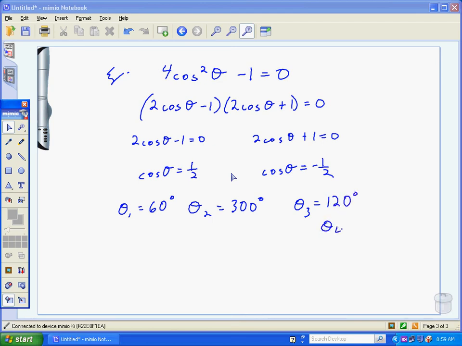And theta 4, what'd you say, D? 240 degrees? So we ended up using all the cos squared half or negative a half values, right? So we got 4 solutions for this one. Pretty slick, eh? So I'm going to call those ones chartable because we just go to the unit circle and we make them chartable.